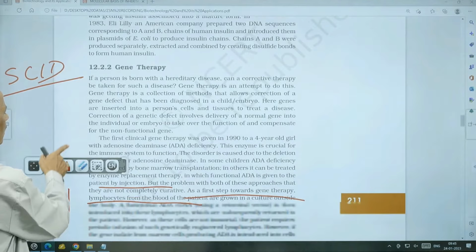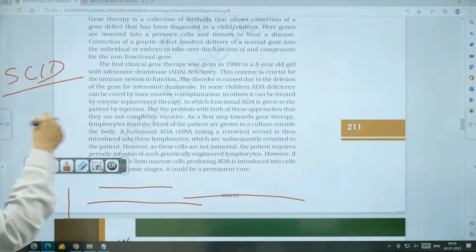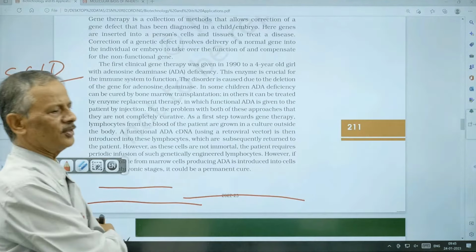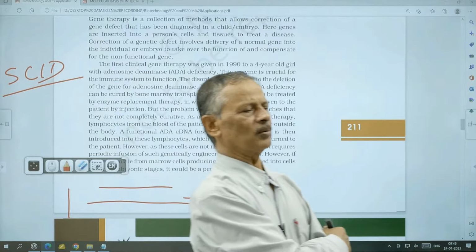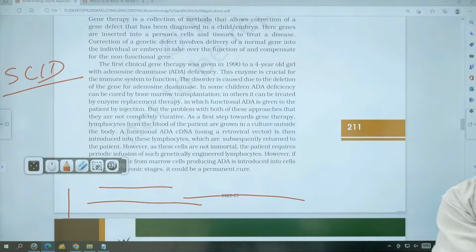So again, the patient has to be given that enzyme. Or when bone marrow cells are given, those cells will be producing blood cells only for some time. They are replaced by new ones. So these are not advisable and will not give you permanent treatment.